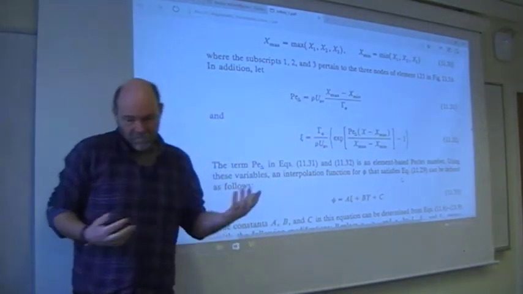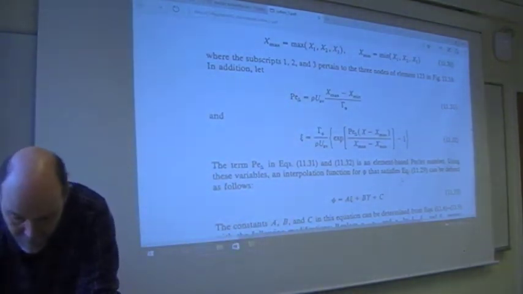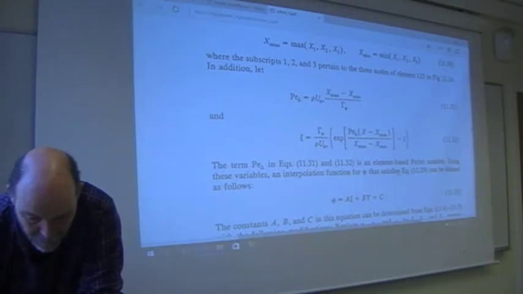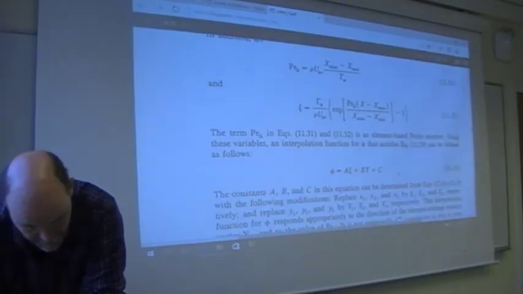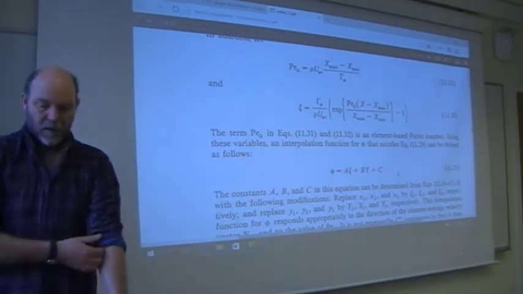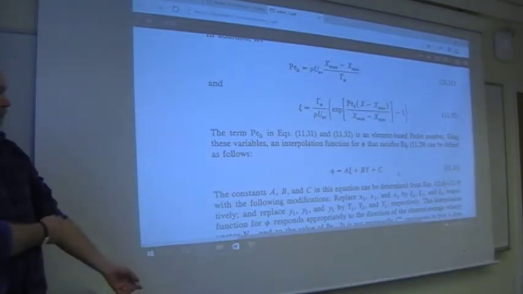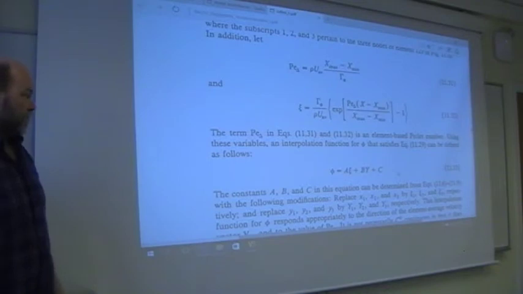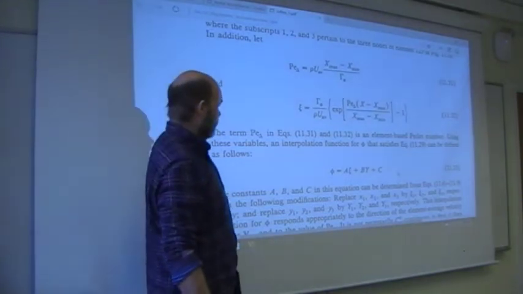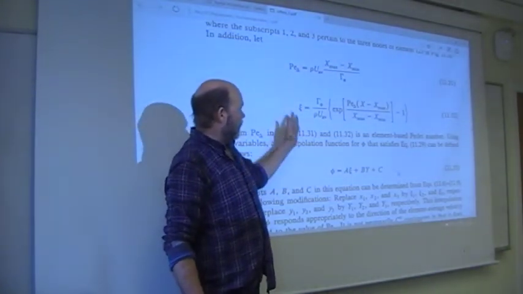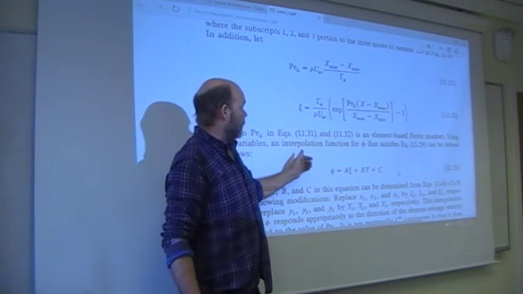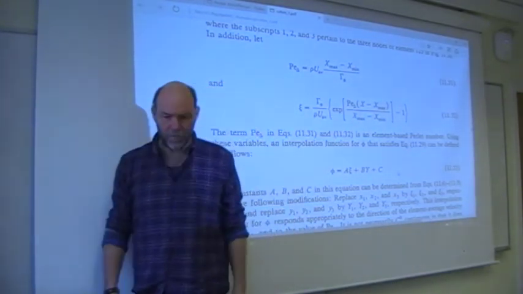So I don't know if it has been widely used after this, but at least it's a possibility. I don't think it's really necessary, as long as you have enough cells to resolve all the scales. This should be okay. But here they like to do this, so they have this local cell Reynolds number under control.